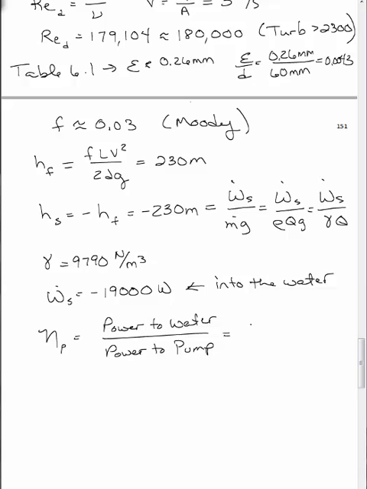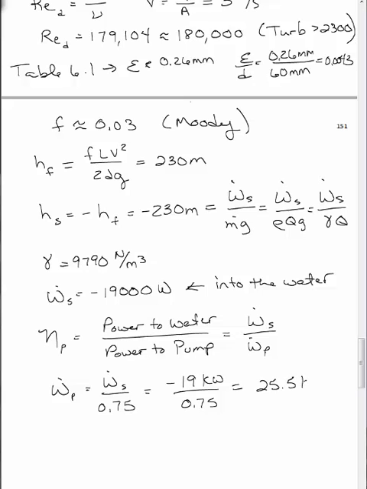And so that's W dot s, and we'll call this W dot p for the real pump power. So our W dot p is actually going to be our W dot s over 0.75. So that's minus 19 kilowatts over 0.75, which is about 25.5 kilowatts. And there's your answer.